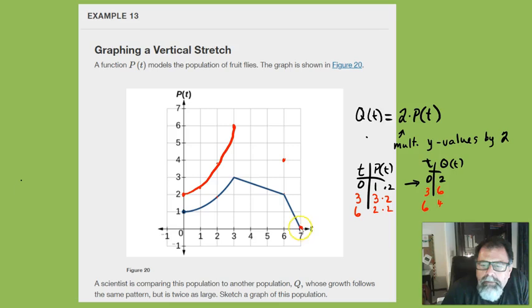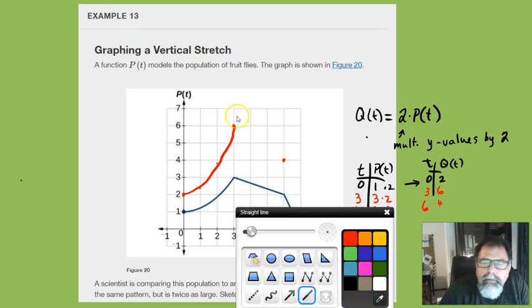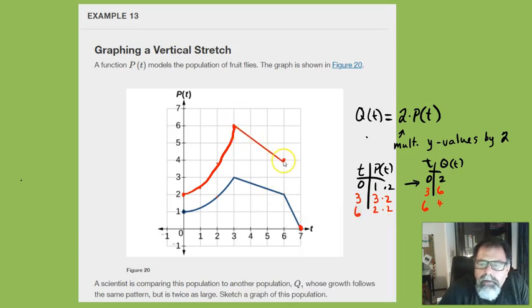And then 7, 0 stays there. And then this is a straight line, so we just connect it with a straight line. And there you go. So that is the same basic shape, but it's been vertically stretched. So it distorts the shape a little bit, right? But it still has the same basic shape, just distorted by stretching it vertically by a factor of 2.